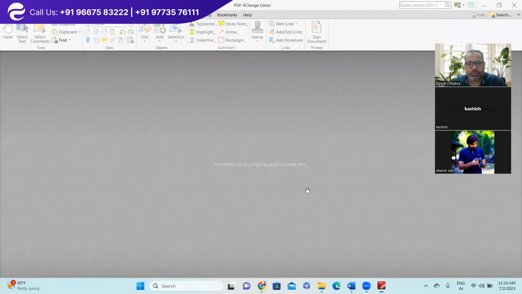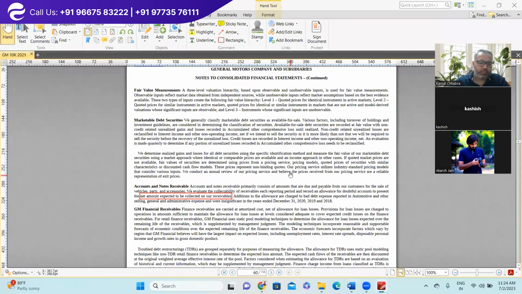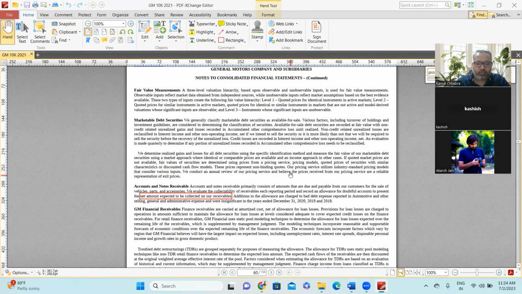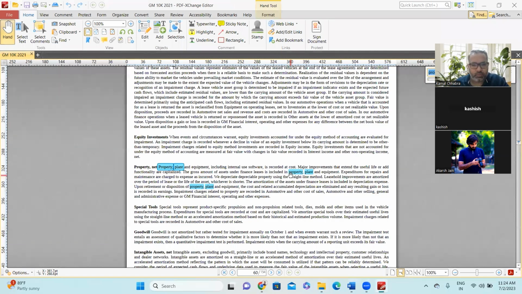Sir, in financials, it is also there at the time of the tax audit report. In the company act one is there, and the income tax one is also there. Yeah, if you see in the notes, the property, plant and equipment include internal software. I'll show you the schedule now.